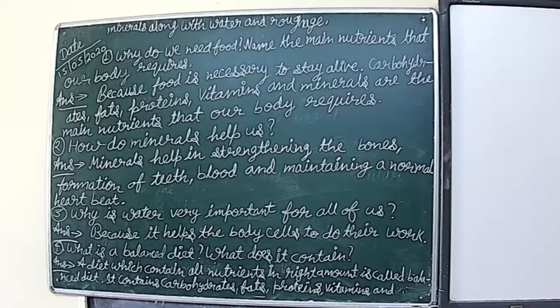Question number 3. Why is water very important for all of us? Because it helps the body cells to do their work. Question number 4. What is a balanced diet? What does it contain?